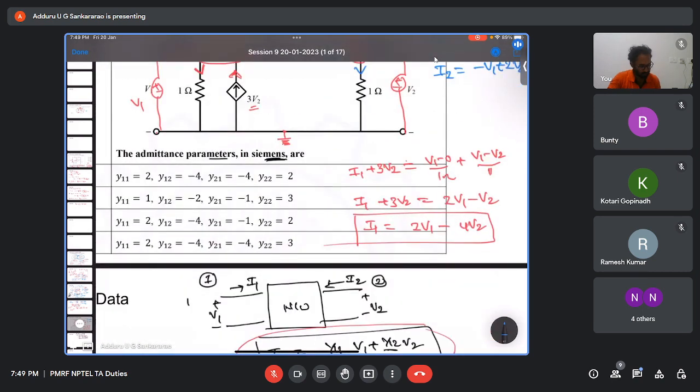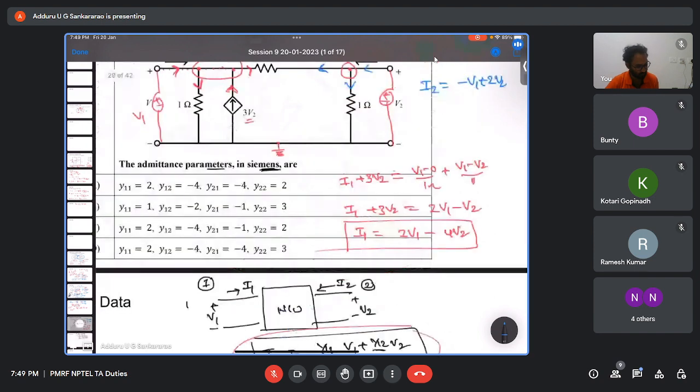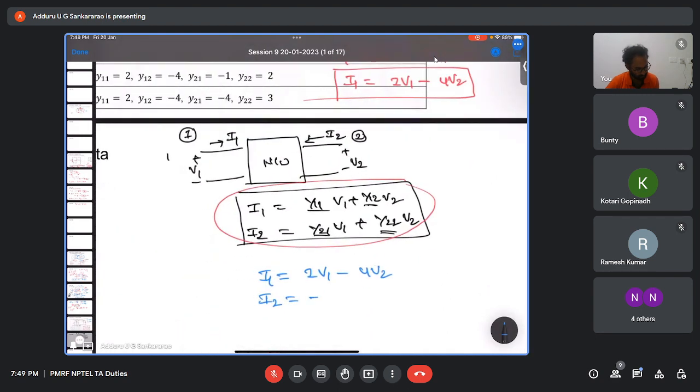So what we got, the equations: I1 equal to 2V1 minus 4V2, and I2 equal to minus V1 plus 2V2. From here, compare with the standard admittance equations.